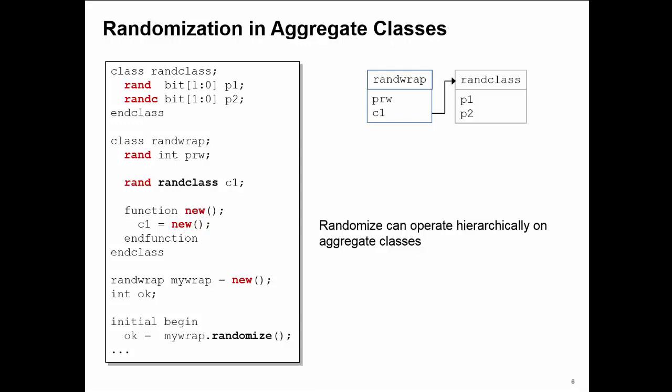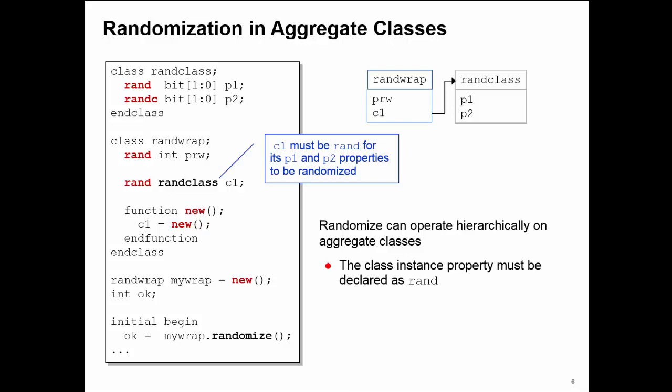Now when we create an instance of the randwrap class, myWrap, and we randomize it, we will randomize the local property PRW because it has the rand modifier on it, but we will only push down into the C1 instance of rand class and randomize the P1 and P2 properties there if we have the rand modifier on the C1 property. If you don't declare this property as rand, you do not push down into C1 and randomize P1 and P2. So if it's not declared as rand, it's skipped for randomization.